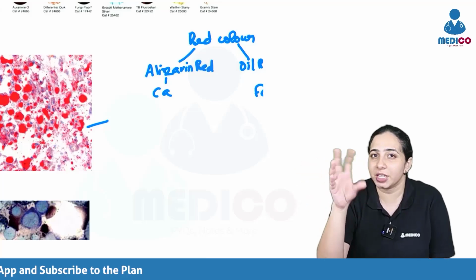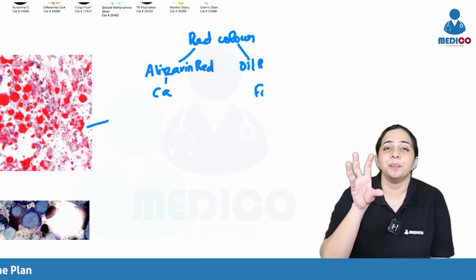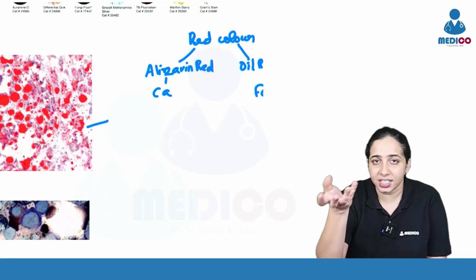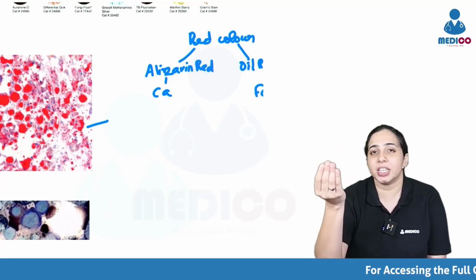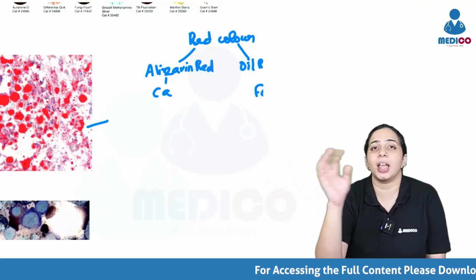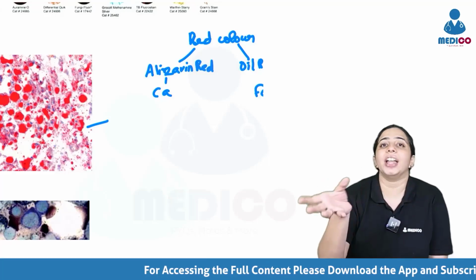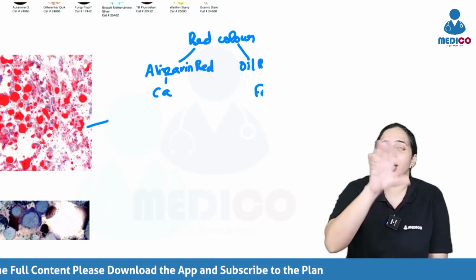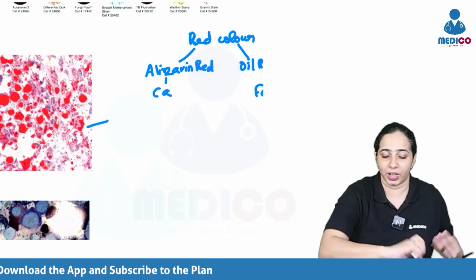Similarly, if the answer has something to do with fat cells, either there will be a stain with Sudan black or Oil Red O, and you are asked to identify what the substance is and what the stain is. That is the sort of question you have to expect.